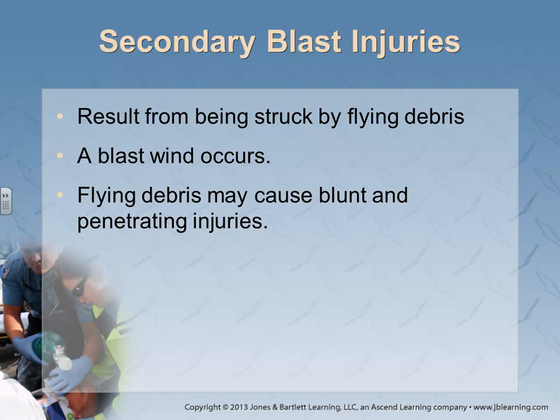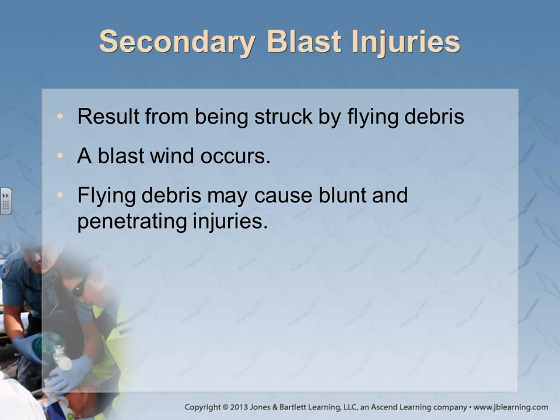The primary is the initial shock wave. Your secondary is what was in the detonation, or what was around it, that caused injury after the explosion, the projectiles that went flying. You also have a blast wind, and then the flying debris may cause blunt and penetrating injuries.